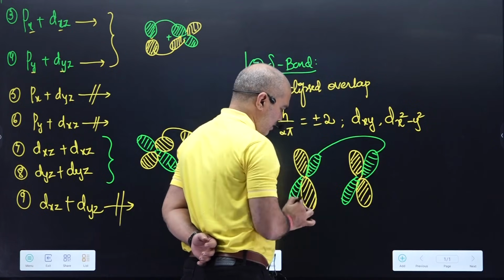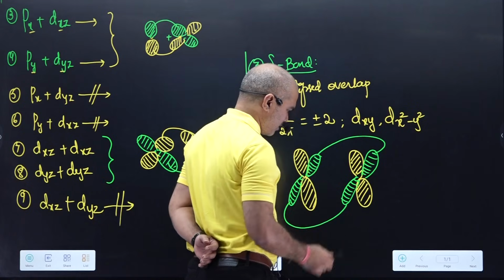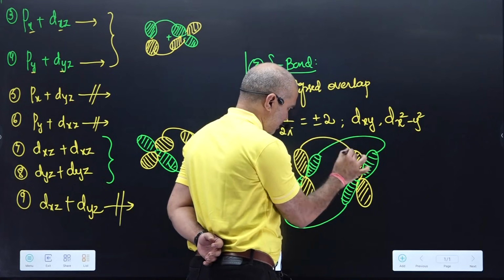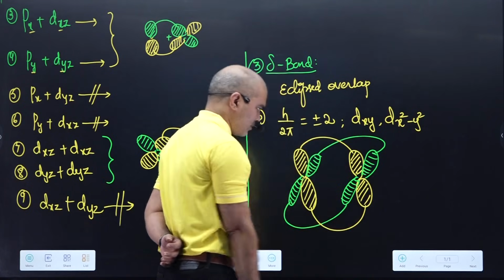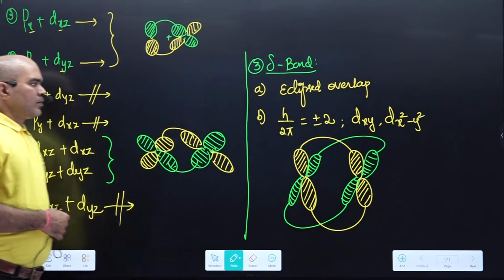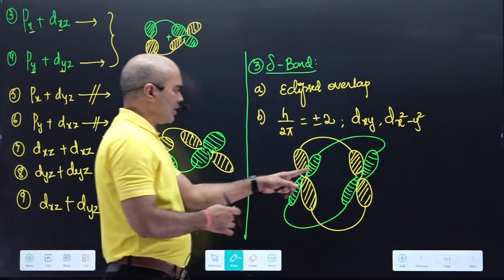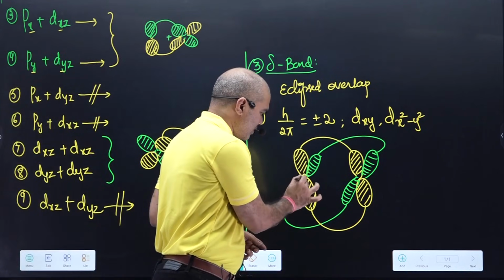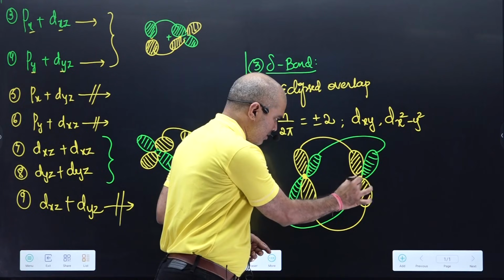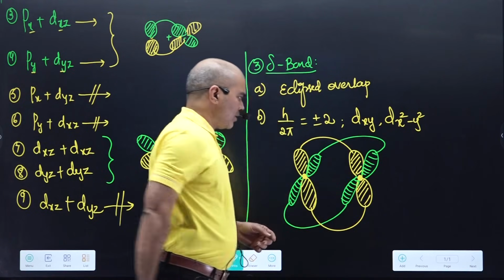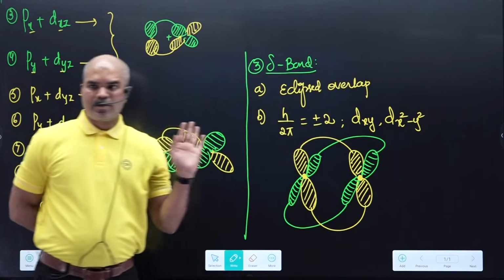These two combine, these two combine, these two and these two. So along the internuclear axis, how many nodes can you see? Two nodes. Along the internuclear axis you will find two nodes. If this is one nucleus, this is another nucleus, there will be two nodes.